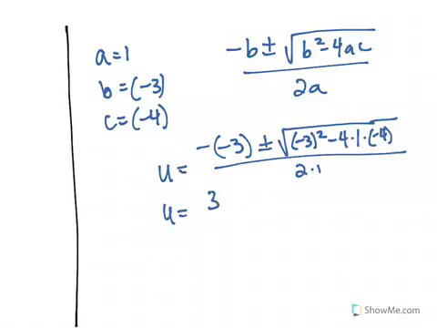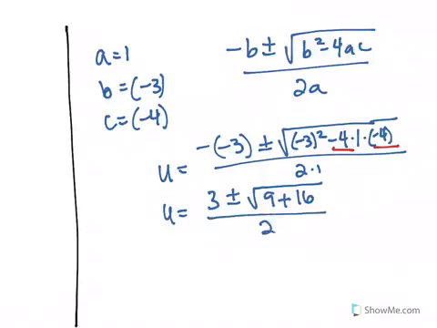Simplify this. Negative -3 is a positive 3 plus or minus -3 squared, which is 9, minus, this time we have a -4 and another -4, so our answer down here is actually going to be positive, and we get 4 times 1 times 4 is 16, all divided by 2.